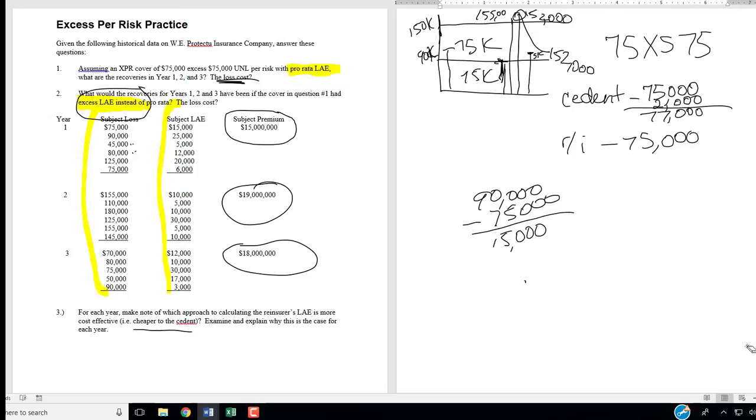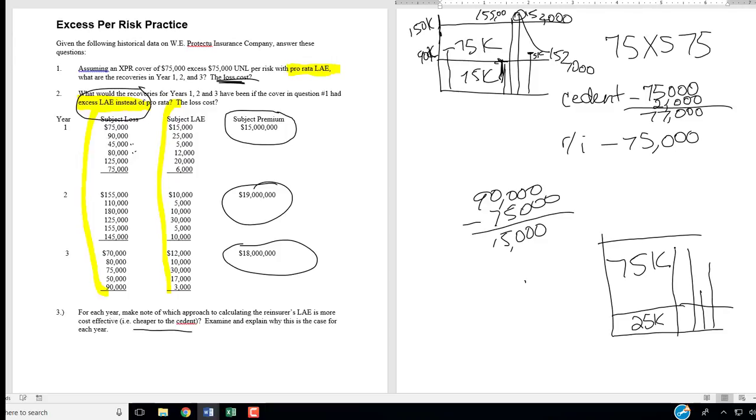So the only time that the percentage LAE is going to be better for the cedent, i.e. result in higher loss recoveries, is really when you have, say, a $25,000 retention and a $75,000 coverage, and you have losses that are maybe right here, and when you have the LAE added, it's just going to push the LAE through the cover. But if it's a percentage and you have a significant percentage of the loss being covered by the reinsurer, multiplying that by the LAE will mean that the reinsurer pays a higher portion of the LAE.